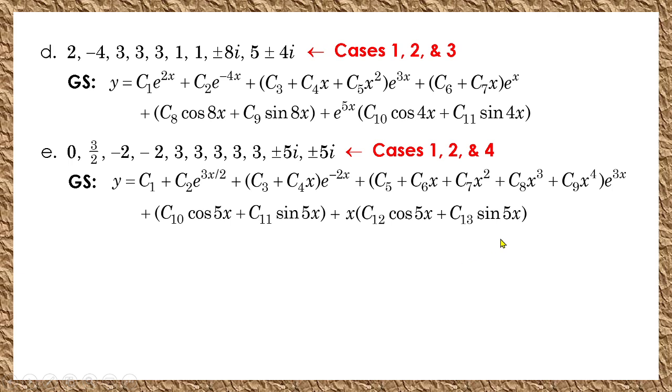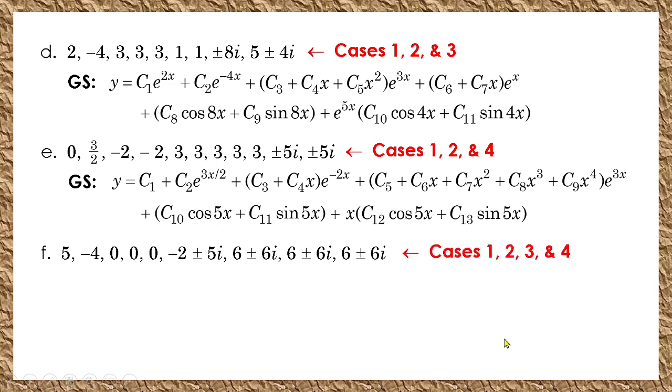How many roots? 1, 2, 3, 4, 5, 6, 7, 8, 9, 10, 11, 12, 13. Is there more? When will this end? Cases 1, 2, 3, and 4. Check it yourselves. For the first two roots, distinct.